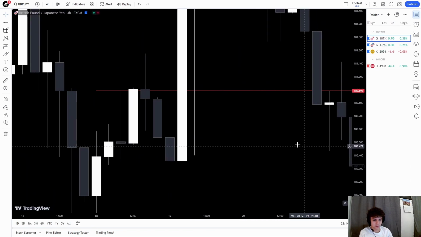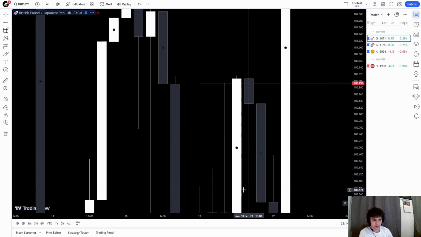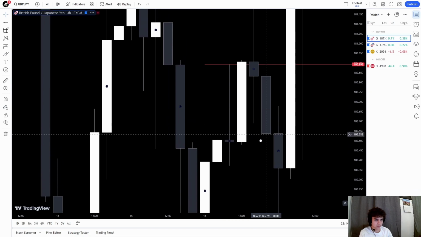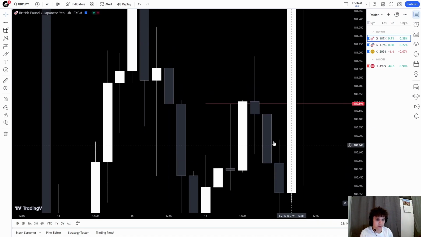Guys, what happens here? We create an up candle followed by a down candle. That's a high. And then this up candle closes above the high. So that's a break of structure.